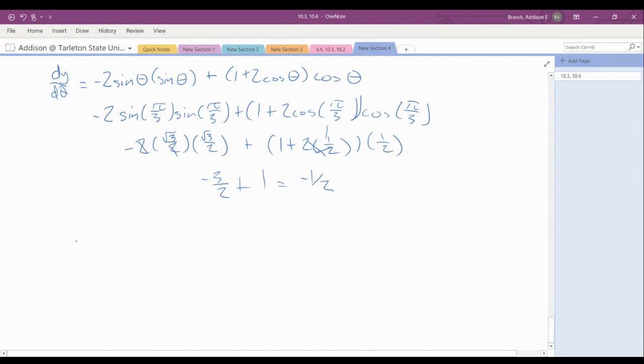So now for our dx d theta, we know that that is going to be equal to, we plug in our dr d theta, so negative 2 sine of theta times our cosine of theta, minus our r, so 1 plus 2 cosine of theta, times sine of theta.